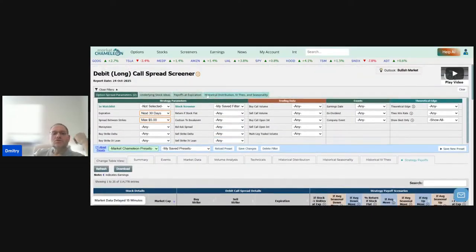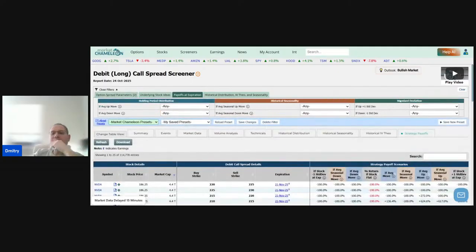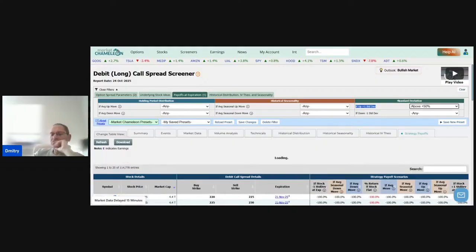We're going to go here to the payoffs at expiration tab. We have these different standard deviation, historical seasonality, and historical moves holding periods. Let's look at this one first, up 1 standard deviation. Let's say if it's up 1 standard deviation, we want at least a 50% return, above 50%.